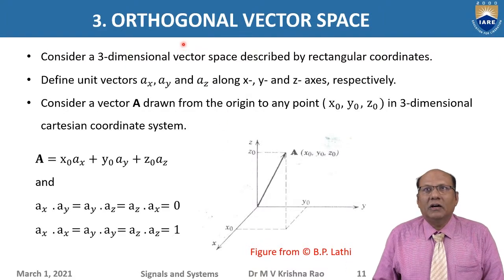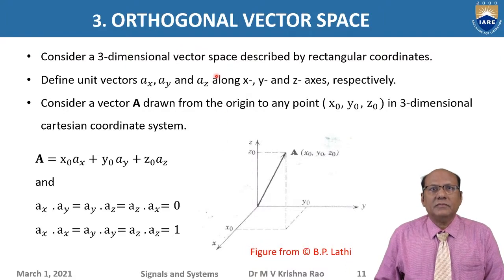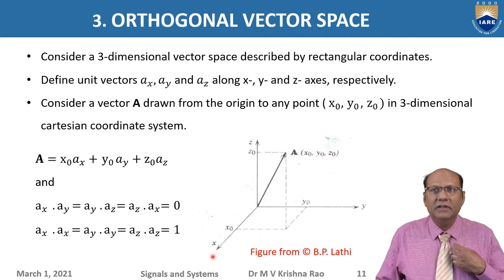Let us come to the orthogonal vector space. Here, first I am considering a three-dimensional vector space described by rectangular coordinates. Because it is three-dimensional, I have the x-axis out of the screen, towards the right I have the y-axis, and towards the top I have the z-axis.